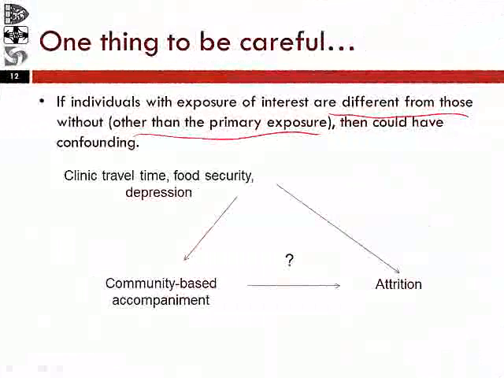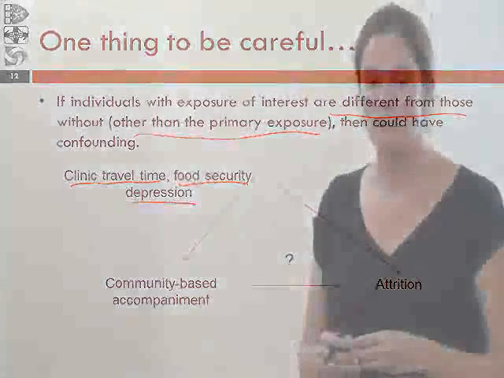So there are different things that may be different between Goseni and Rinquavu besides the type of treatment that we offer. I think a lot of these we talked about, so travel time, food availability, depression. So maybe people in Goseni are more depressed because they don't live in beautiful Rinquavu. There may be differences between the two areas. And the issue is that this is associated with who gets the intervention and the type of outcome that they might have.